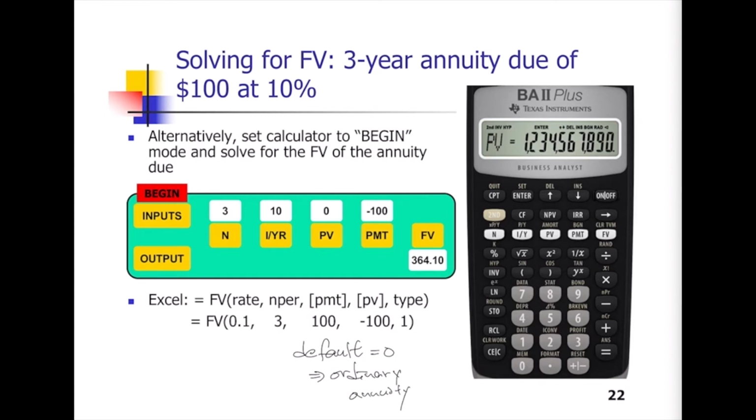So as in the previous example, we just erase these numbers, right? So every function automatically identifies this as ordinary annuity. But in this case, we want to calculate annuity due, so we should type 1. That means annuity due, right?